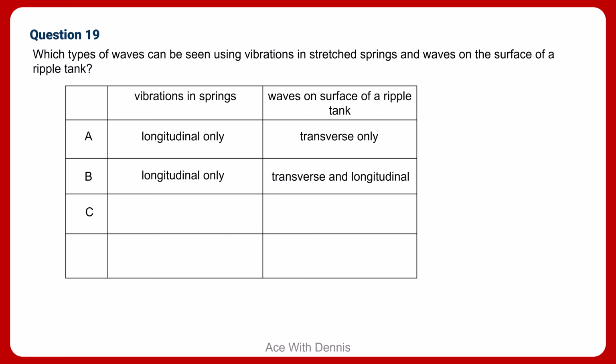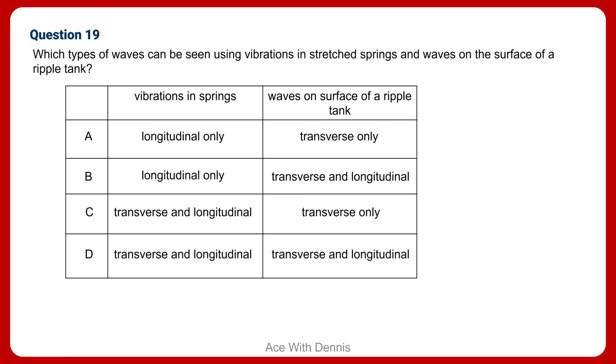Option C, vibrations in springs are transverse and longitudinal, while the waves on the surface of a ripple tank are transverse only. Or option D, the vibrations in springs are transverse and longitudinal, while the waves on the surface of a ripple tank are transverse and longitudinal.